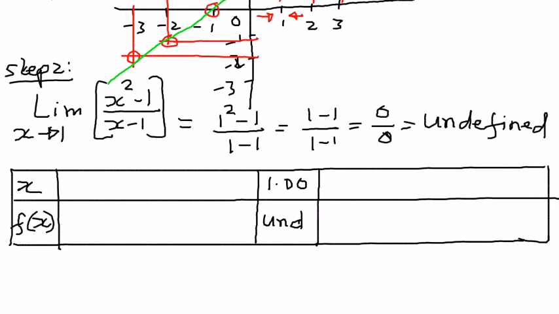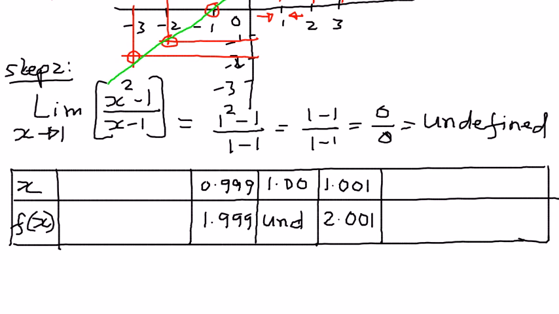If I were to pick a point very close to 1, which is equal to 0.999, and plug the value into the given function, the value of y is going to be equal to 1.999, like that, on the left hand side. If I were to pick a point very close to 1 on the right hand side, 1.001, very close to 1 but not equal to 1, the value of the function is going to be equal to 2.001.